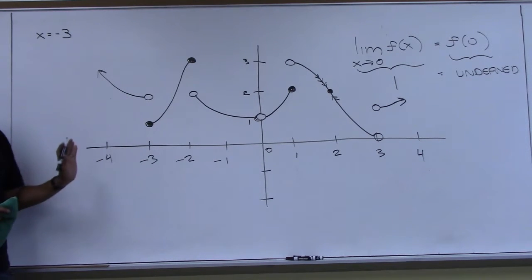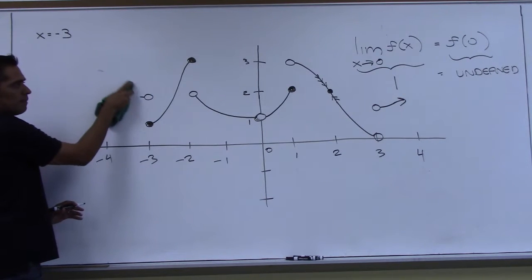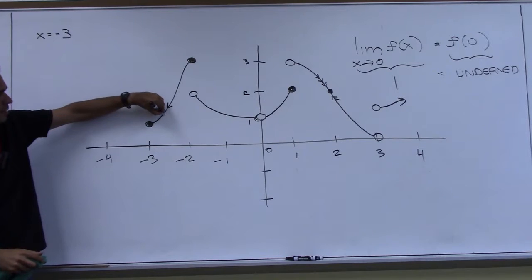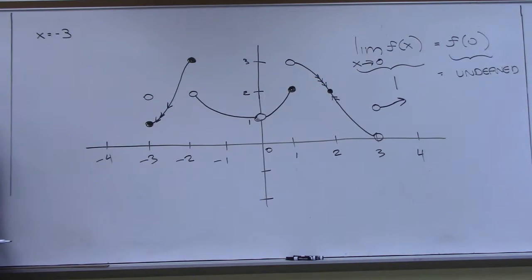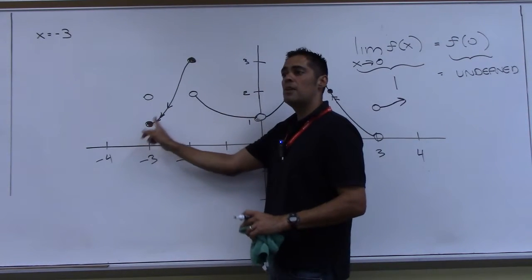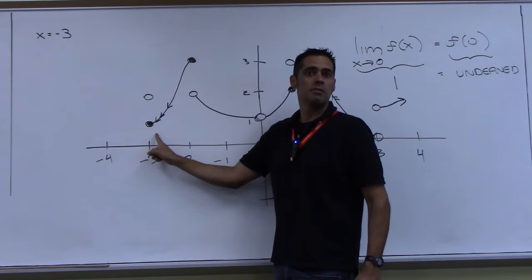But if we only look at the right side, so we ignore this, and we only come in from the right, then would it be continuous? Yes, because is the function approaching something? Yes. Is it approaching the function's value there? Yes. So this would be considered to be right continuous.